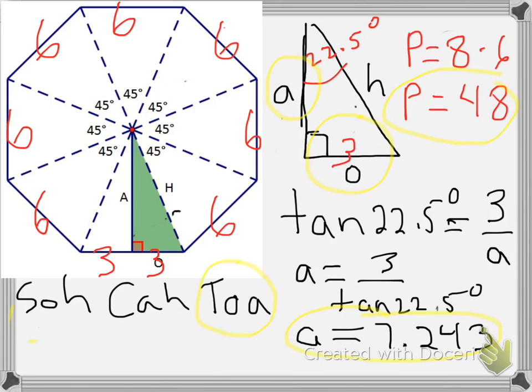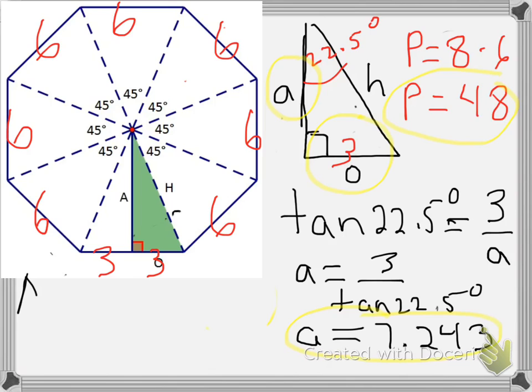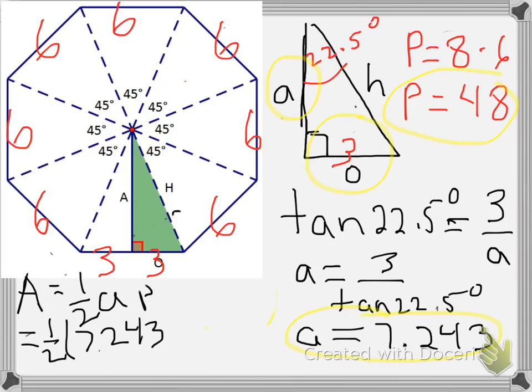So A equals a half little a and P, which equals a half times 7.243 times 48.